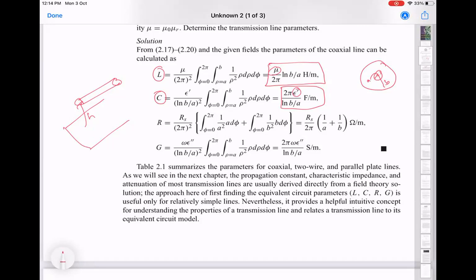They will always look like mu times some prefactor and epsilon times some prefactor, which are geometry dependent. The exact variation of those parameters on the dimensions will be very specific to the geometry. For the case of the coax, this goes as a log.